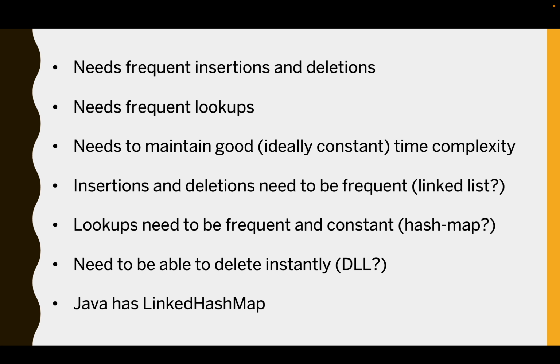Now one thing you need to understand is you need to use a doubly linked list. Why not a singly linked list? Because if you need to delete a node, you need to get access to its previous node in a singly linked list to be able to delete it, right? You cannot just delete a node directly without removing the reference to it.